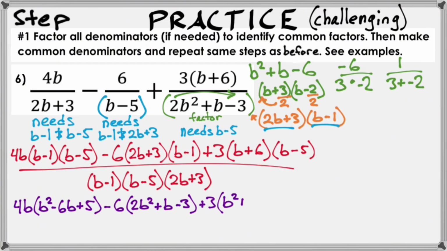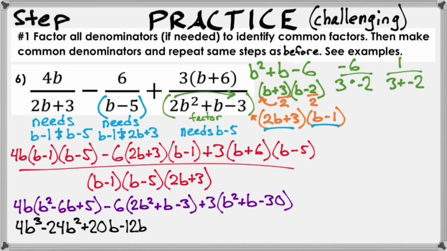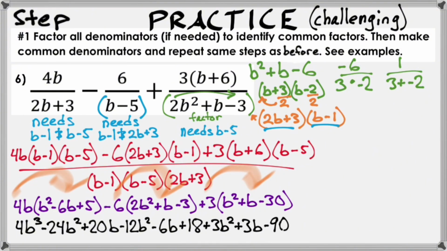You're going to multiply your numerators together by doing a little bit of FOILing on your binomials. You will then use the distributive property on the terms in front. So the 4b would distribute, the negative 6 and the 3 would all distribute to give you this expression in black. And then combine all of your like terms.